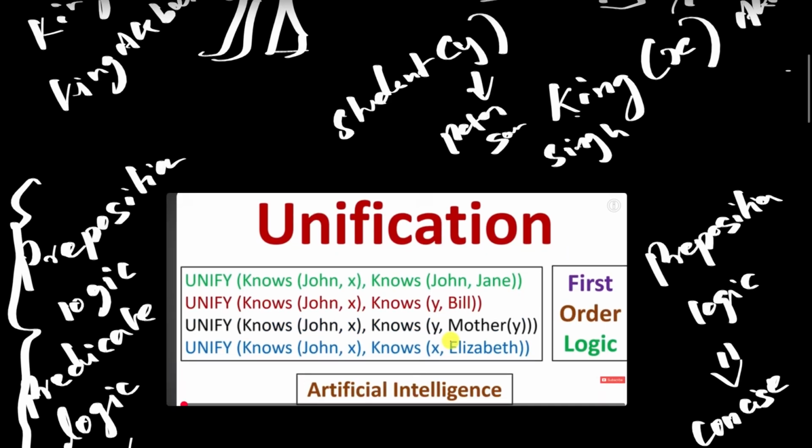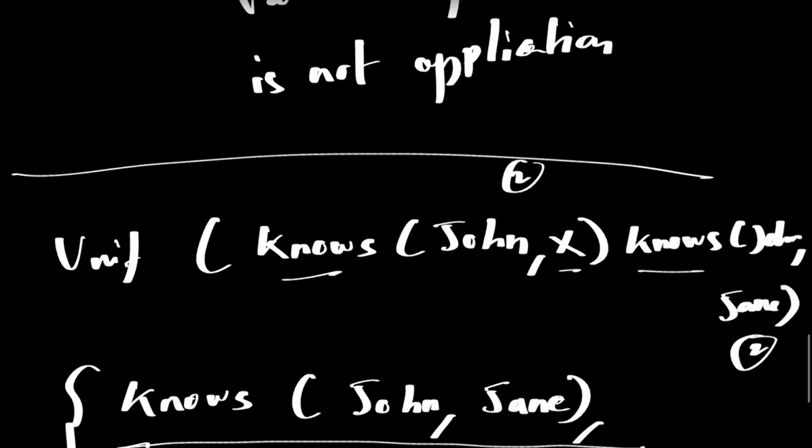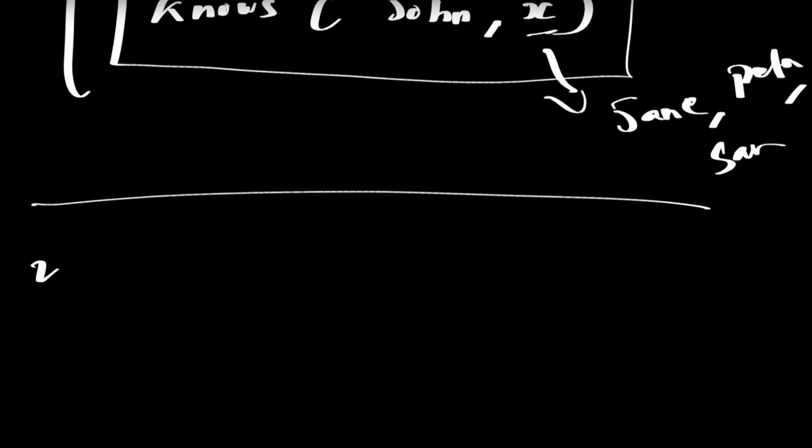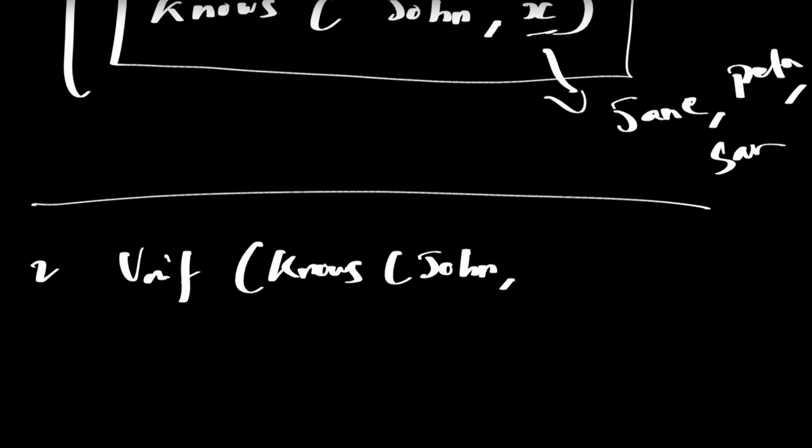So we will be going for another one: Knows(John, X), Knows(Y, Bill), right? So the second unification.